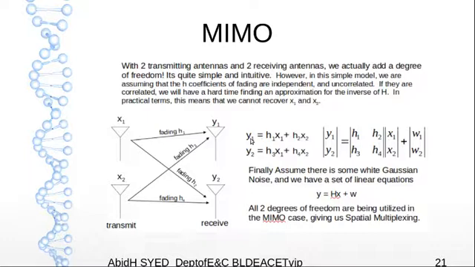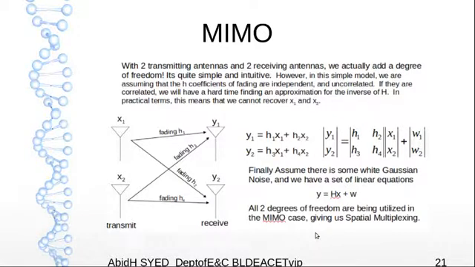As is evident from our earlier cases, y1 will be nothing but the input of the receiving antenna, which is the summation of h1 x1 plus h2 x2, and the input of the second antenna is h3 x1 plus h4 x2. This has been put forth as an algebraic equation in the form of a matrix. This can be added with Gaussian noise. W is nothing but the Gaussian noise.